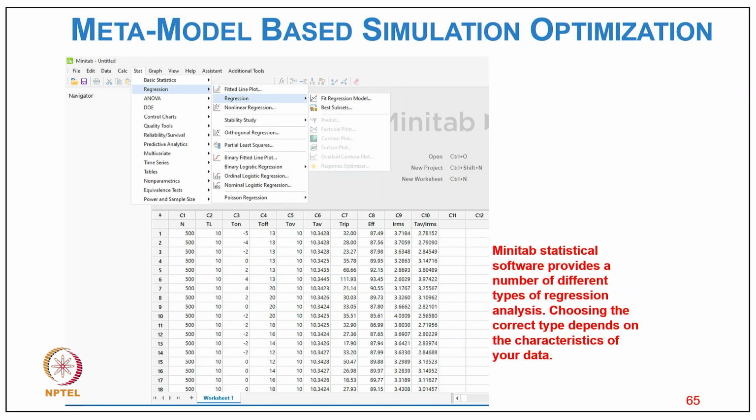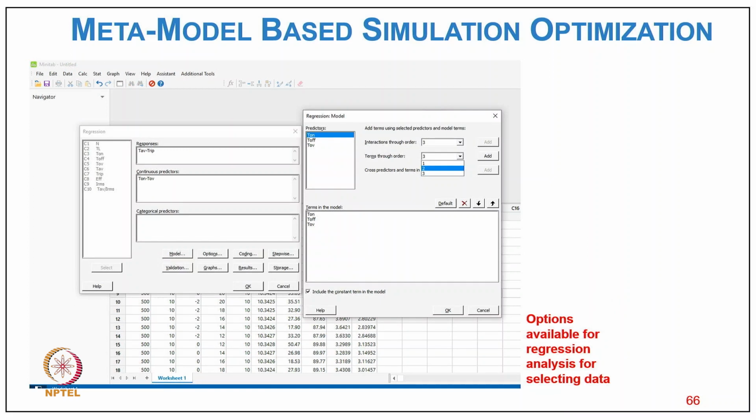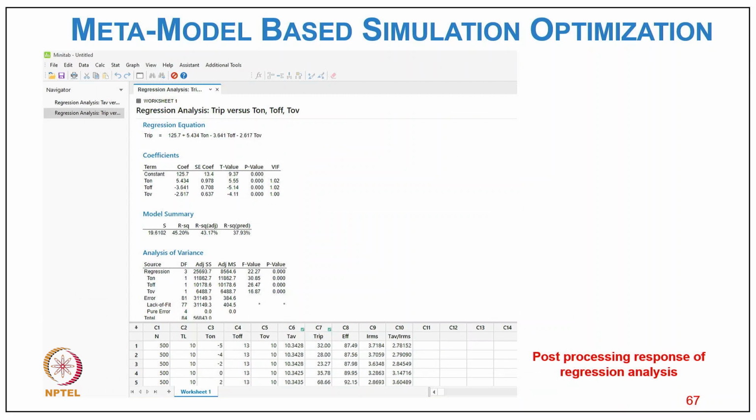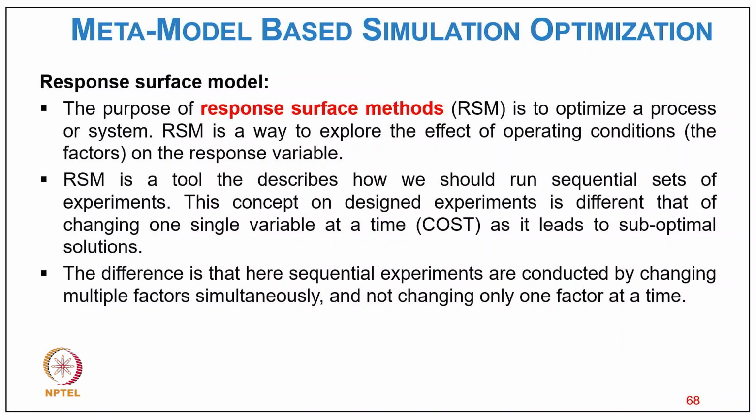Now MATLAB statistics software provides a number of different types of regression analysis, and choosing the correct type depends on the characteristics of your data. And these are typically the options available for regression analysis for the given data, and this is the post-processing response of regression analysis.